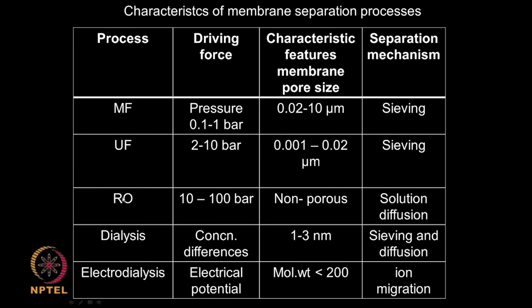Then you have the nanofiltration, that is still smaller, and then comes reverse osmosis, and we are applying a very large pressure, almost 100 bar. There are no holes here, absolutely no pores here, and the mechanism is diffusion based here.